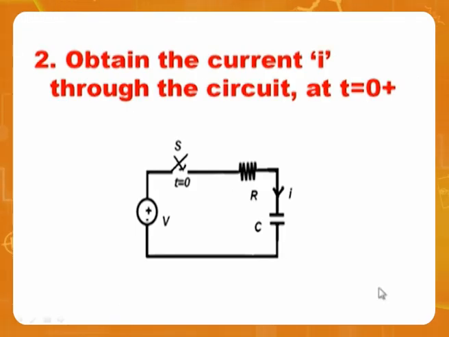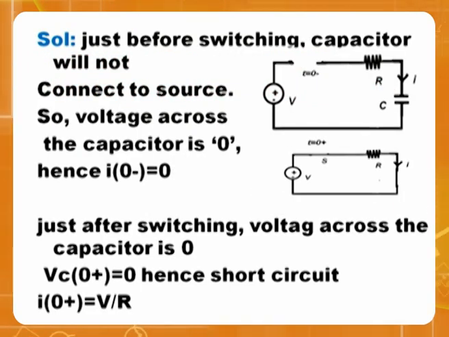Let me take you to the second problem. Obtain the current I through the circuit, same. Earlier I took RL, now I am taking RC. Please observe, same thing, instead of an inductor I have put a capacitor. Do you see now? Just before switching, the switch is open. Now please help me. Is this capacitor connected to the source?